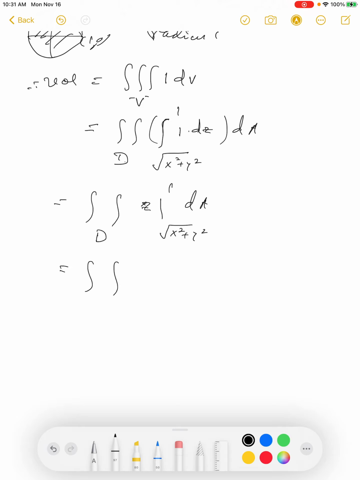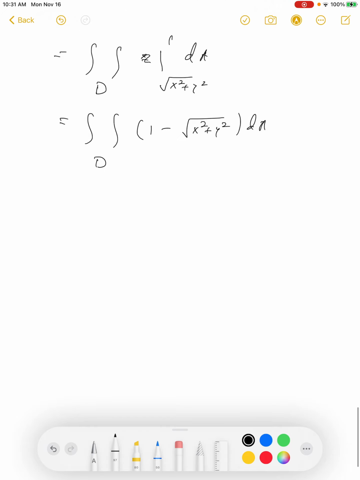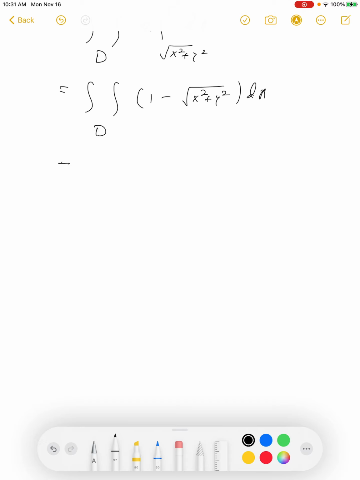And I bet that this is going to be much easier if I write it in polar coordinates. So we want to compute 1 minus root x square plus y square over the unit circle, and so use polar coordinates. So I will write this as 1 minus r, r dr d theta. r goes between 0 to 1, theta goes between 0 to 2 pi.